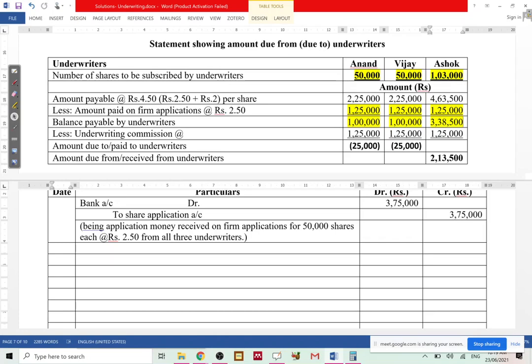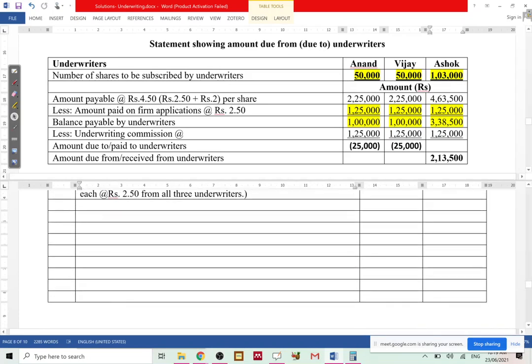So whenever we have debtors, remember that debtors are to be debited. Debtors are always a debit balance, right? We know that, correct? So we have Anand. Let's debit them because they are debtors and they are supposed to pay us some money. Vijay's account and then Ashok's account. Okay, all of the three. Let's see how much are they supposed to pay us.